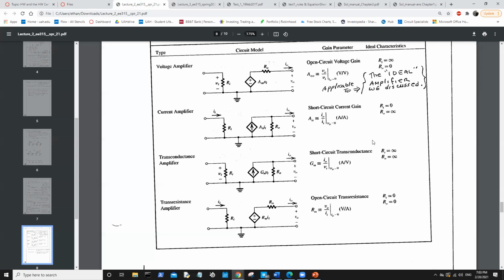All right, but legitimately, let's go through these. He explained the transconductance and transresistance amplifiers, but does anyone remember specifically what these are? I watched it literally today.